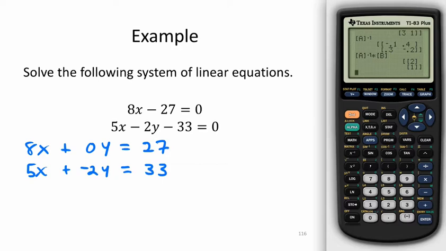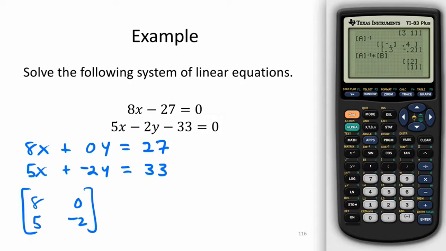I've now got the system in normal form, and I can see the matrix equation. The coefficient matrix is 8, 0, 5, and negative 2. The first column of that coefficient matrix are the x coefficients. The second column is the y column.